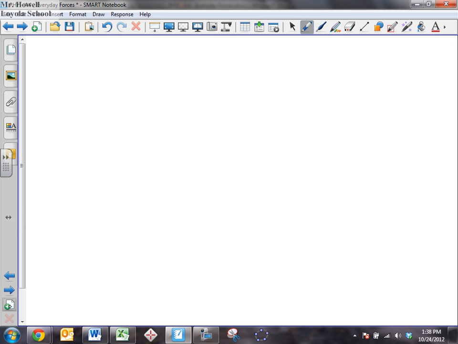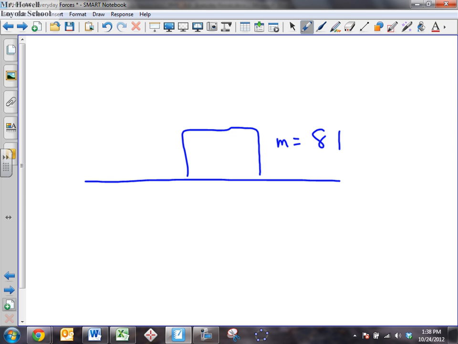What if we have an object at rest with a mass? Let's say the mass of the object is 8 kilograms. I walk over to the object and try to lift it up with an applied force.